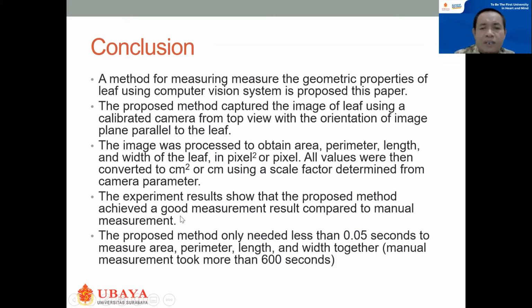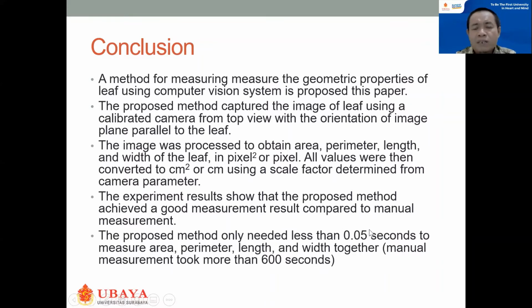So the exact measurement is obtained by using manual measurement. The proposed method only needs less than 0.05 seconds to measure all geometric properties, from area, perimeter, length, and width together.